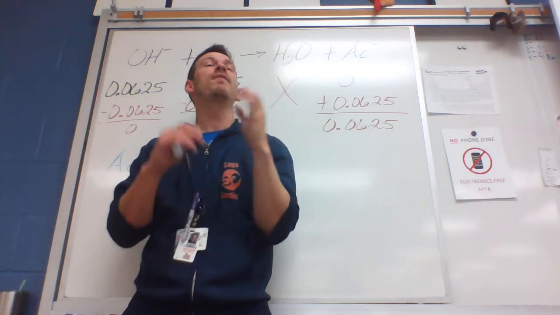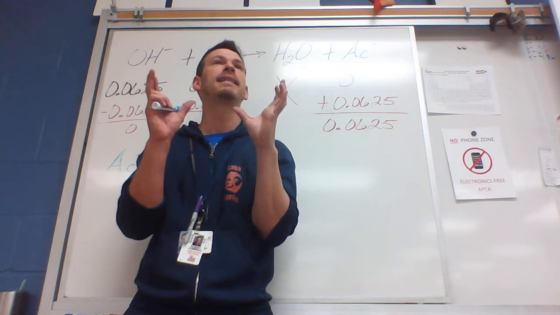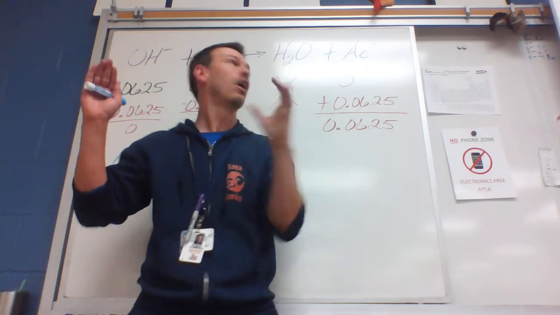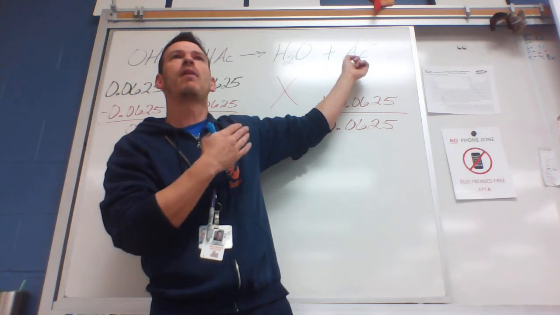The moment that we figured out it's not a buffered solution, there's really only two other options. We can analyze it as a weak acid or base. Well, that's not a weak acid or base. It doesn't have the OH or the H. It doesn't have any way for us to analyze that.